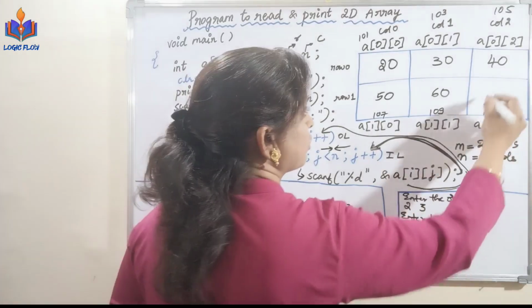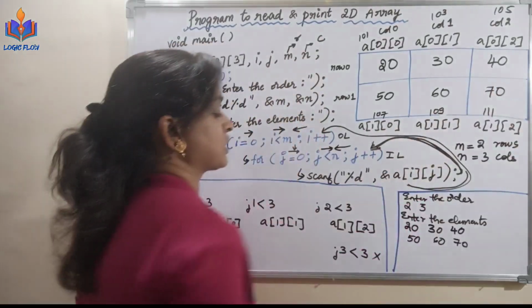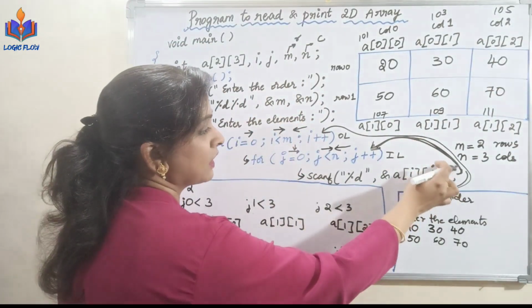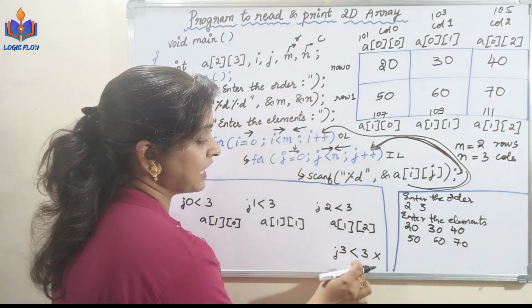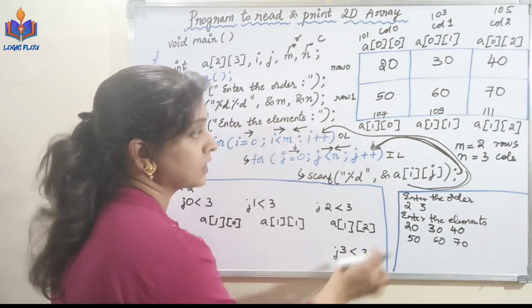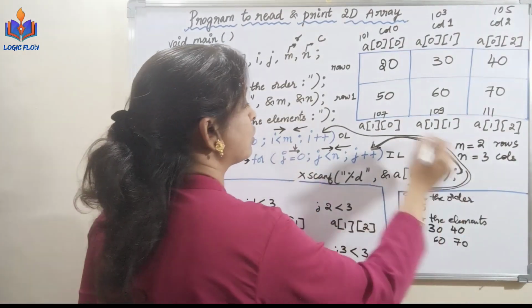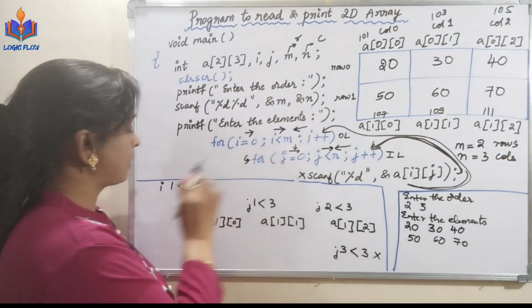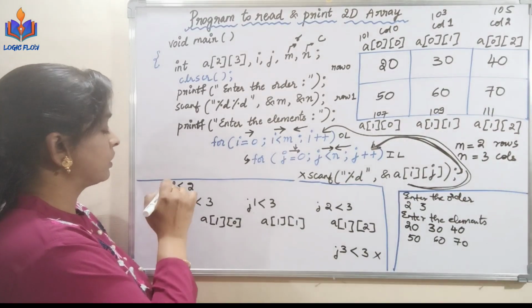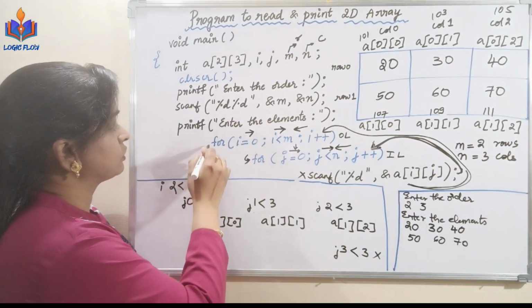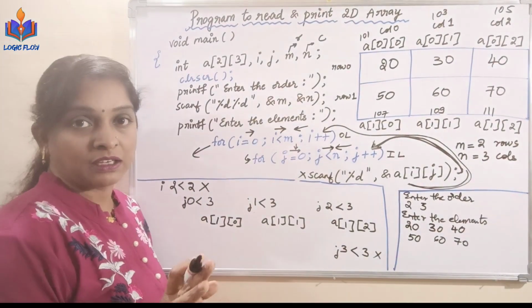My next value 70 will go to this location. Then again inner loop progress, 3. 3 less than 3? No, condition false. So this statement gets skipped. Now control to the outer loop. The i value becomes 2. 2 less than 2? No. So it has to come out of the entire loop.